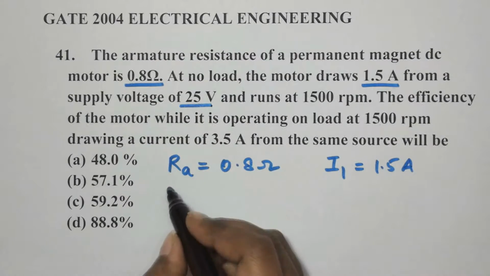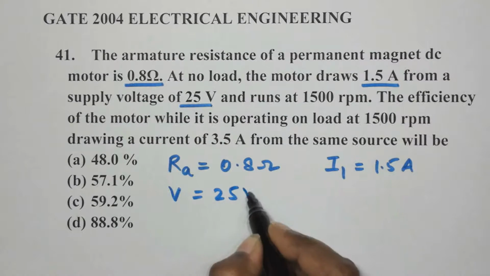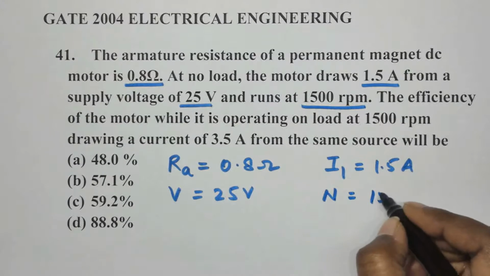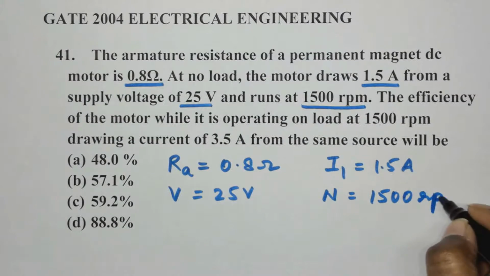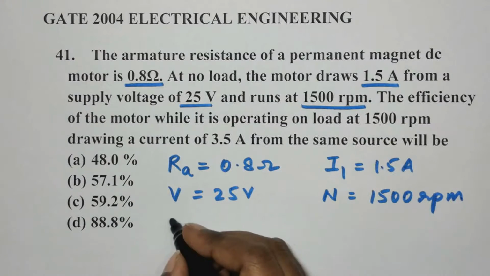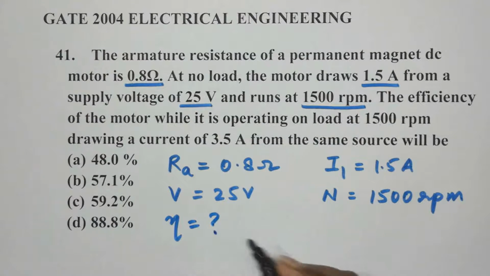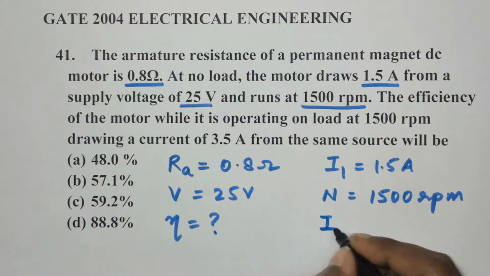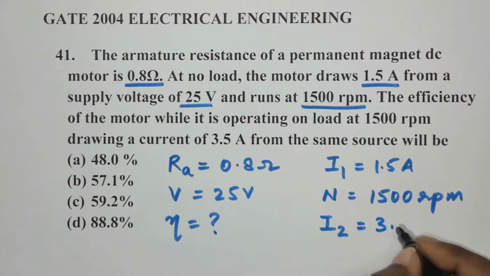Supply voltage is given as V equals 25 volts and it runs at speed 1500 rpm. The efficiency of the motor needs to be found when the current drawn is 3.5. So let's call this as I2, 3.5 amps.